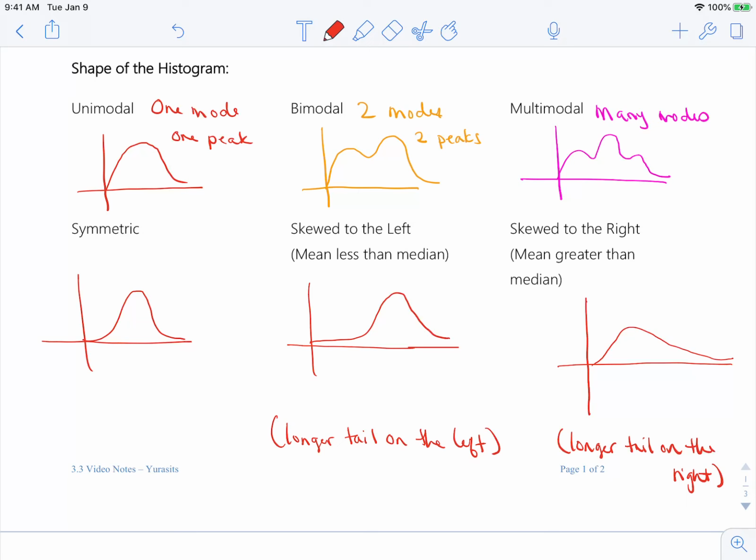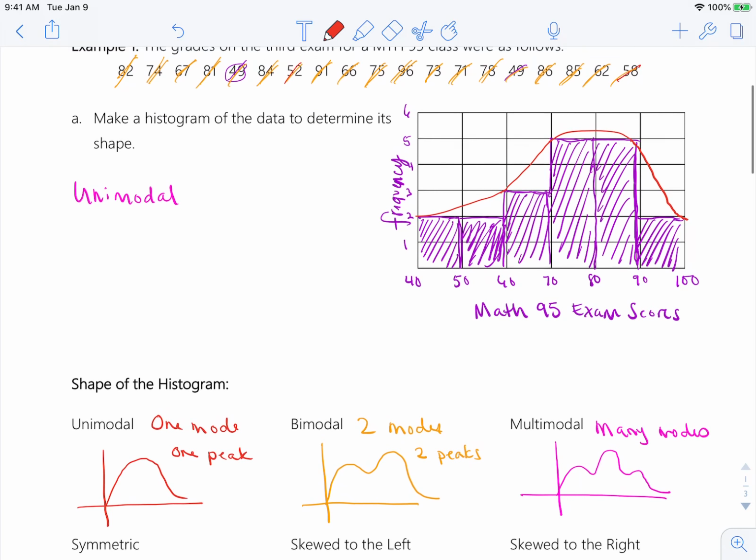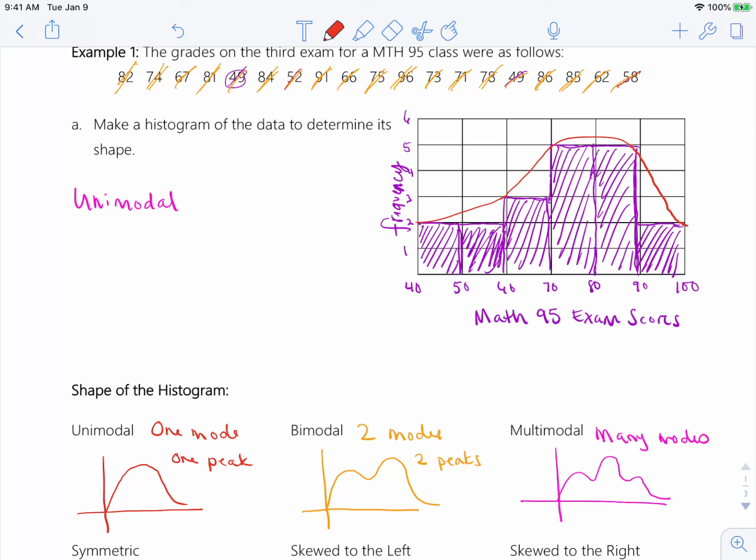So out of these three new definitions, if I go back up to this histogram, what do you think it would be? Would it be symmetric, skewed to the left, or skewed to the right? And it would be skewed to the left because my tail is longer on the left side.